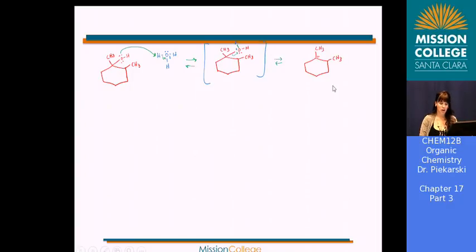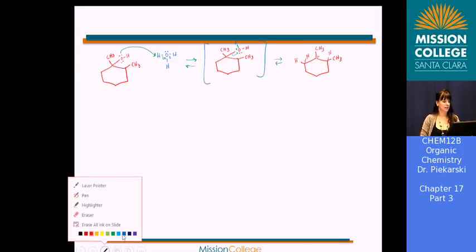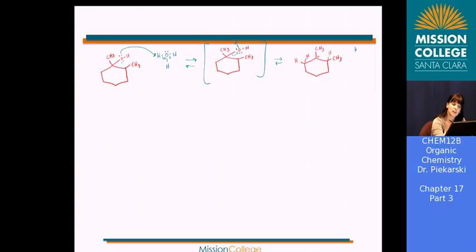So now we have a carbocation intermediate, right? And I'm going to also draw in some hydrogens here because we're going to have to do an elimination. Now we have water present in our reaction mixture. And water is amphoteric, which means it can act as an acid or a base. In this case, it's going to act as a base.